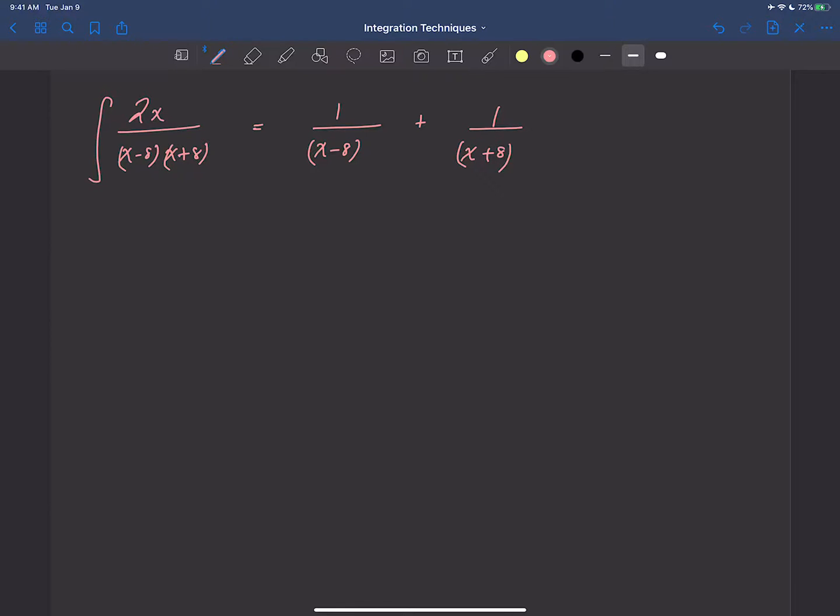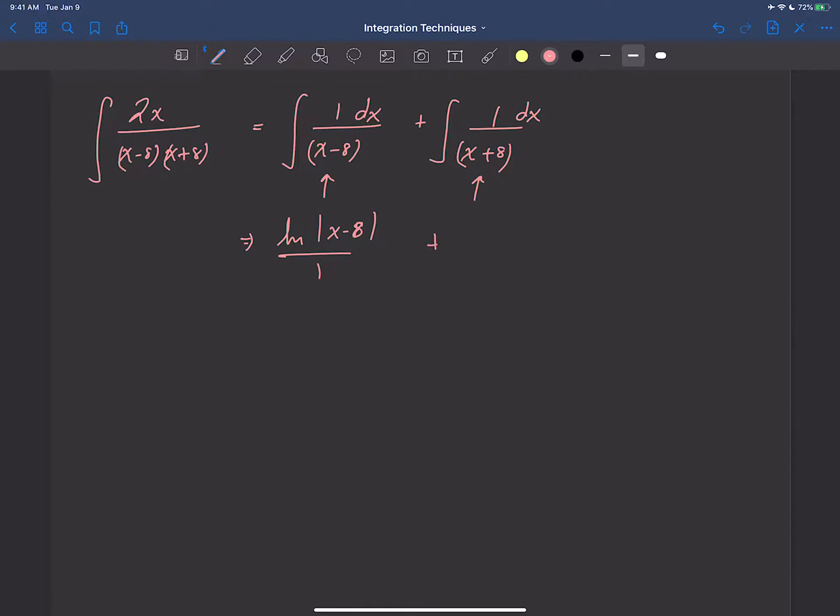Taking the integral on the left is just the equivalent of taking the integral of these things separately. When you do that, these are just chain rule of integration because they have linears plugged inside the 1 over factor. So we can quickly write this as ln of x minus 8 divided by the derivative of x minus 8, and in this case, that happens to be luckily just 1.